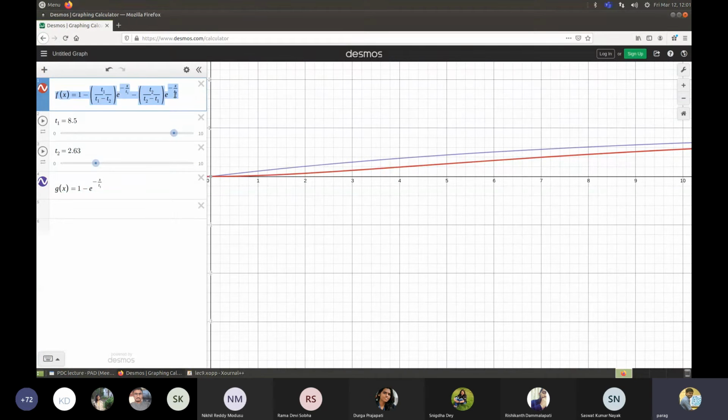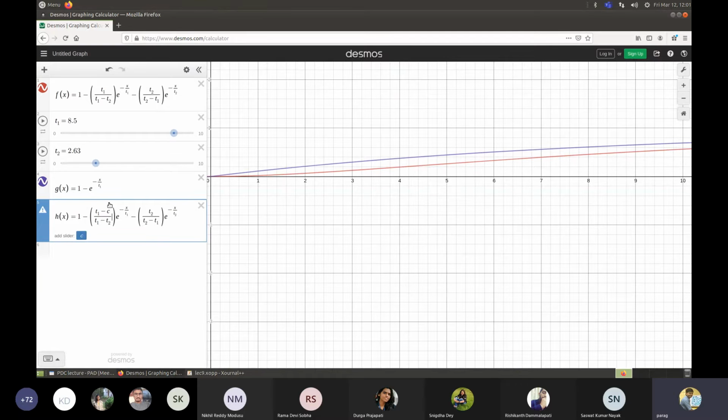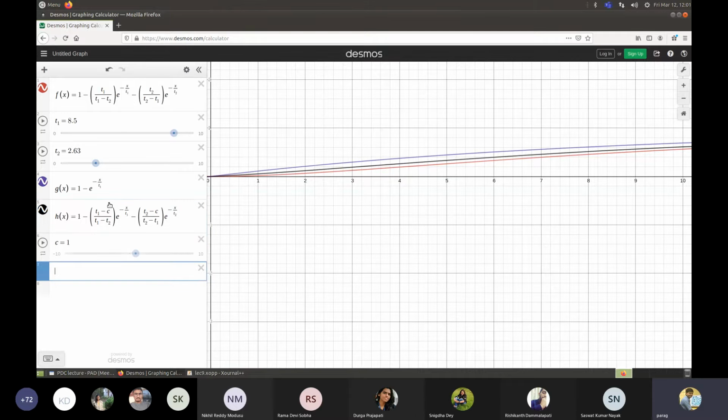I hope I can copy paste this. Control C, Control V, and let me make it as h of x. And this was minus psi, minus psi. Okay.